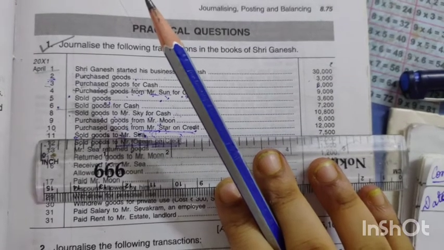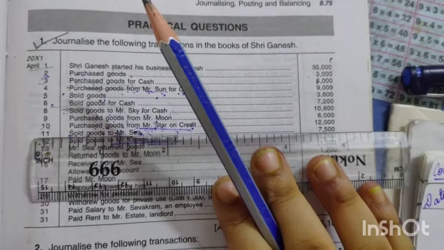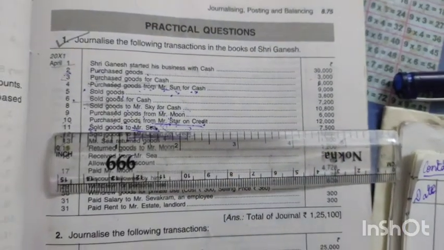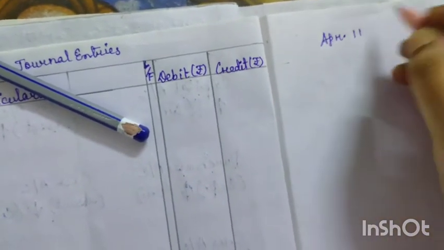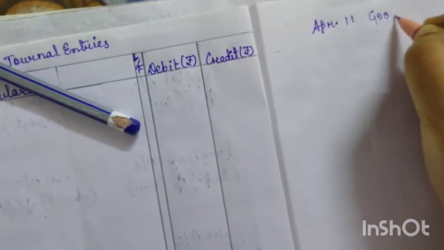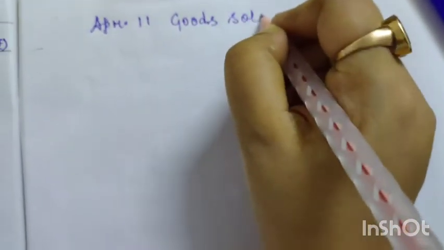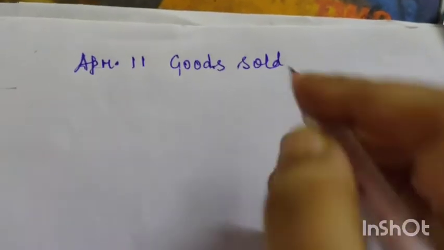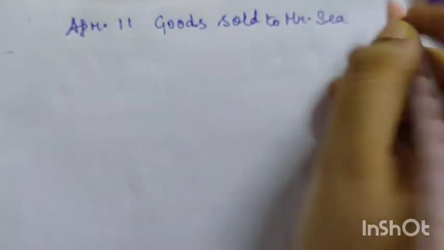No, we haven't received any money from Mr. C. That means that was a credit transaction. So according to the question, on April 11, goods were sold to Mr. C. And what was the total value of goods?